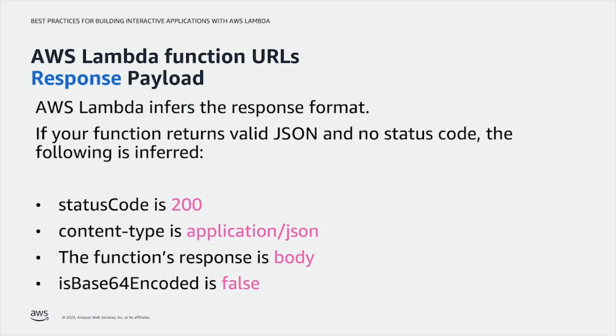Another thing that Lambda function URLs does is it infers a response format for you. So if your function returns JSON with no status code, then function URLs will infer the status code 200, it will infer the content type as application/json, and it will send that along with the function body response.